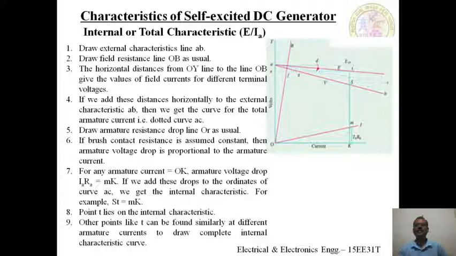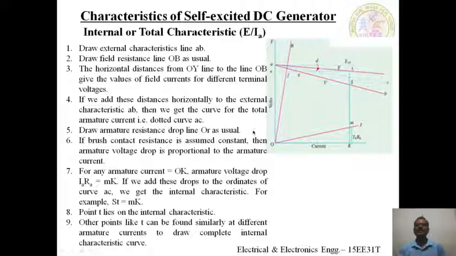First, draw the external characteristic line AB shown in the figure. Then draw the field resistance line OB as usual, that is, with the obtained data for the field winding.